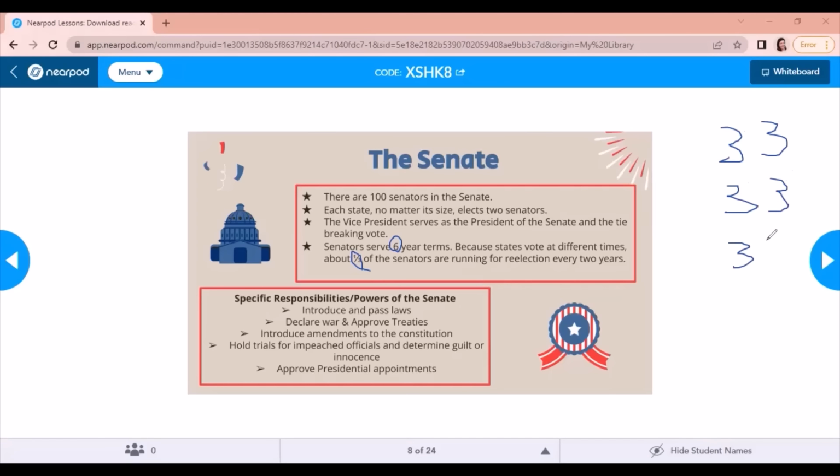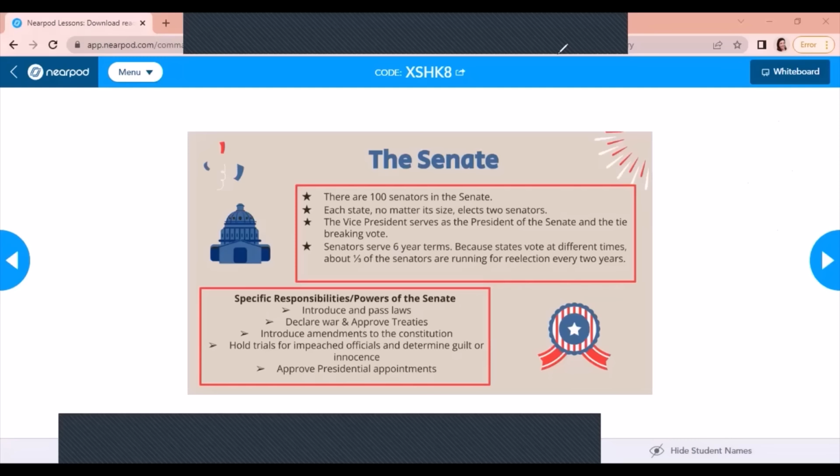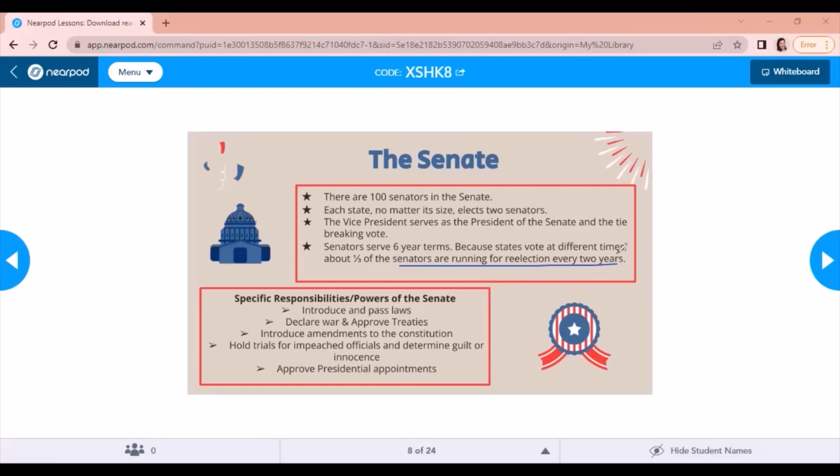So yes, every 3 years, 34 of them are up for re-election. So you can Google if one of your senators is up for re-election if this is an election year. So senators are running for re-election every 2 years. Once the senator gets in, they stay in for 6 years. But every 2 years, we have some senators from some states running.